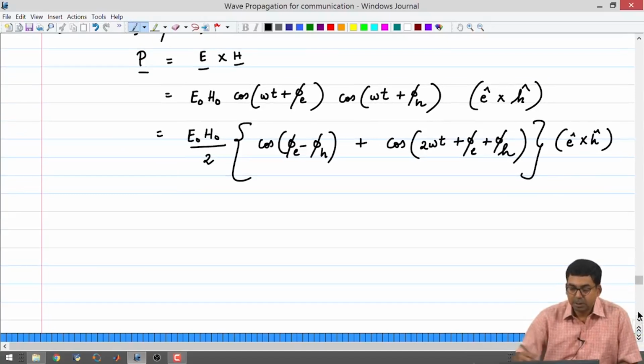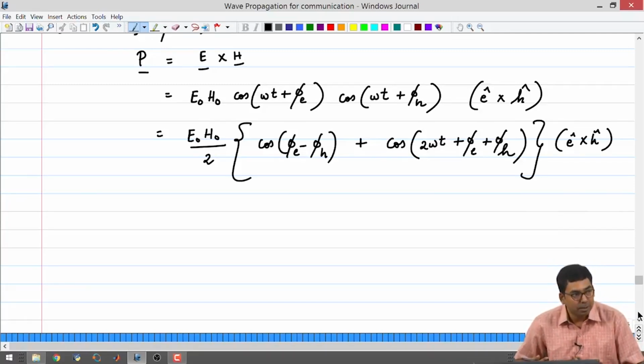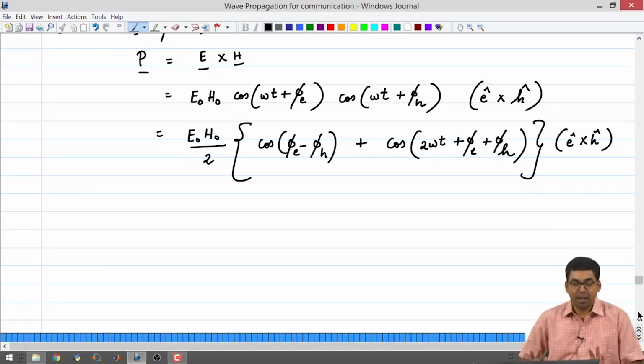Which means that to make some meaningful conclusions, it's not easy to do it with instantaneous power, because instantaneous power at some instant of time can be 0. You cannot draw a conclusion that there is no power that is passing through the given area. Same way you can have instantaneous power to be positive, which is fine for you to draw some conclusions normally, but in some other instance of time you will have negative. So, this is not an easy quantity to interpret to make physical inferences. It is not the best quantity for making physical inferences, because it can be positive, negative or 0.